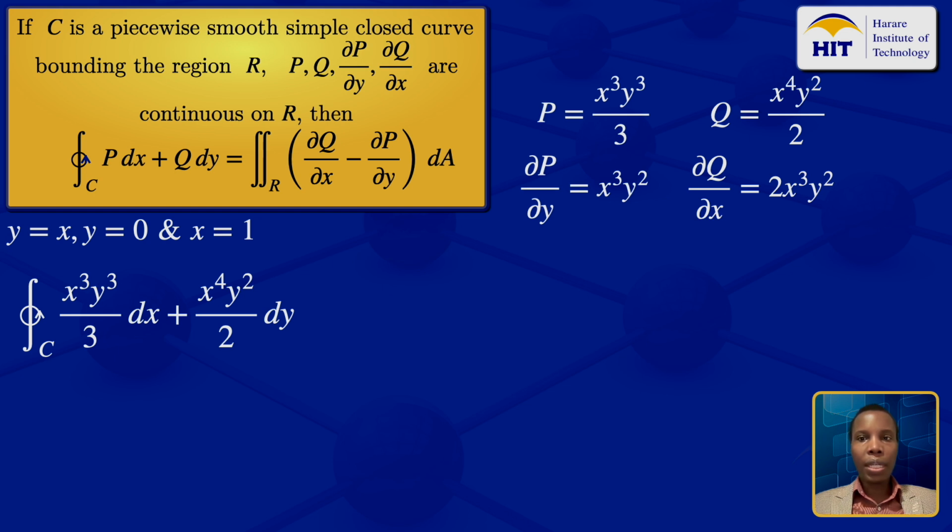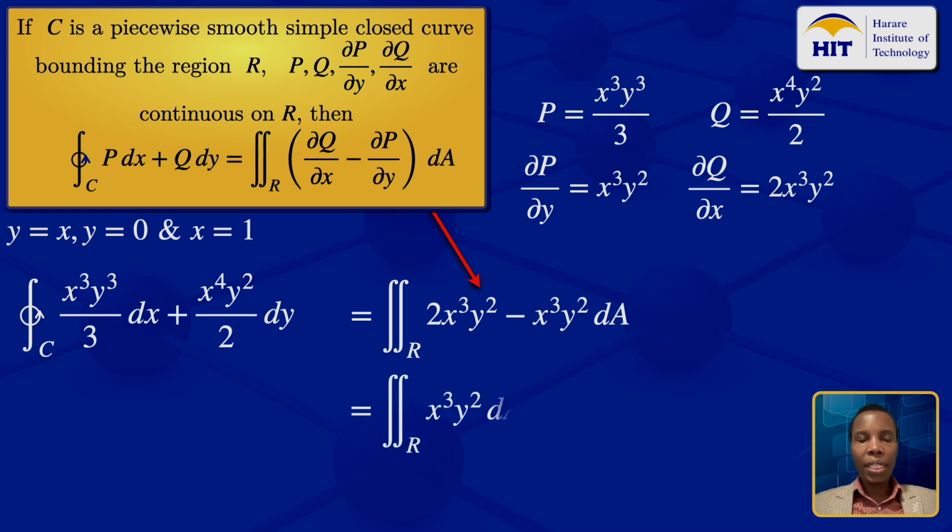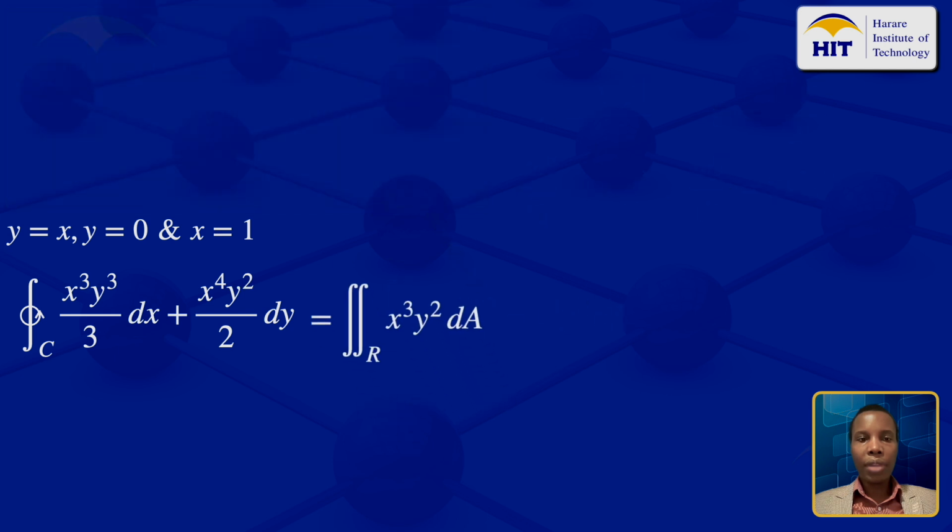Then we substitute them into our formula, which gives us the double integral over the region R of 2x cubed y squared minus x cubed y squared dA. We can simplify that because 2 minus 1 gives us 1. So therefore, the double integral over the region R of x cubed y squared dA. So that's the integral that we have now.